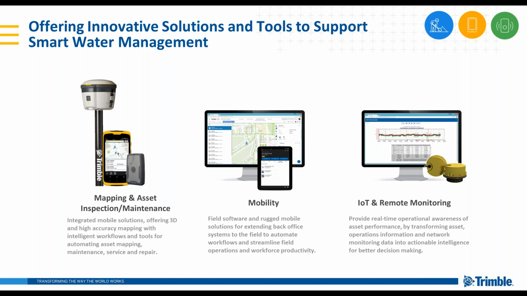And then third, move to more proactive asset performance monitoring using the Trimble Unity integrated with the Trimble Telog family of IoT wireless data recorders and sensors to monitor things like water level, flow, pressure, water pressure, including pressure transients or water hammers, and leakage detection. We'll be covering some of those advanced solutions in upcoming webinars as well.